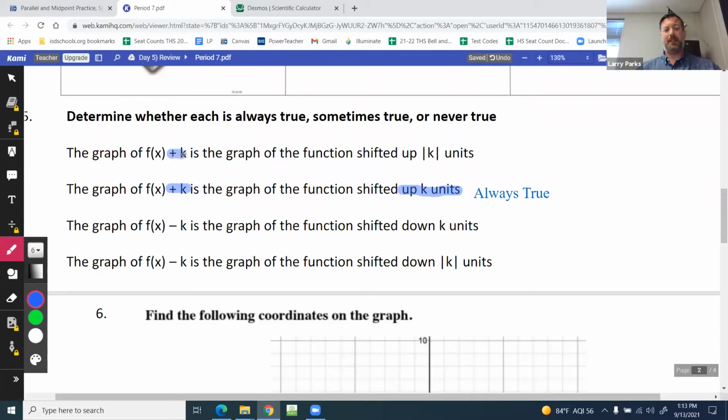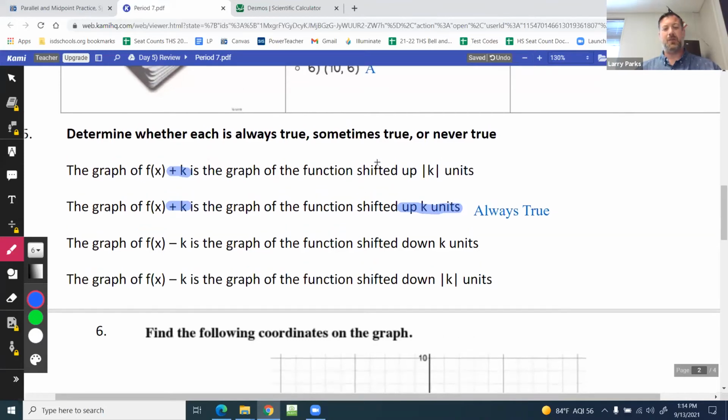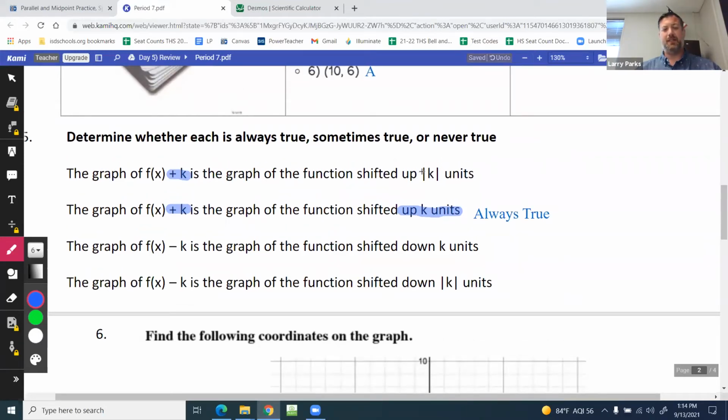This one's saying plus k is the graph of the function shifted up absolute value of k units. And that is not necessarily always true because k could be negative 2 and you don't need to take the absolute value. So this one I would say sometimes true.